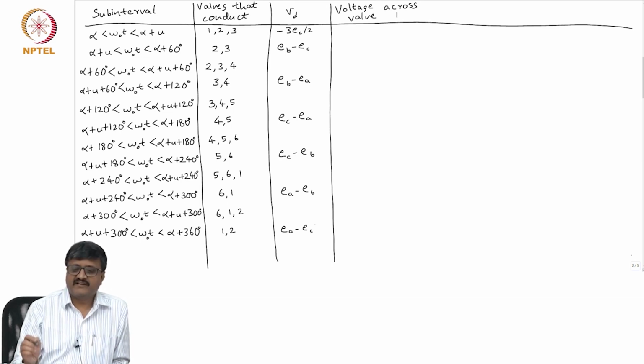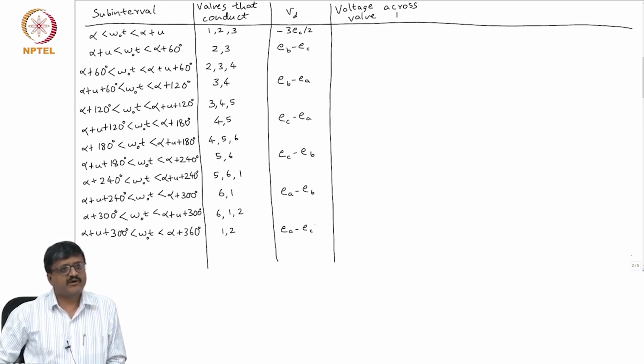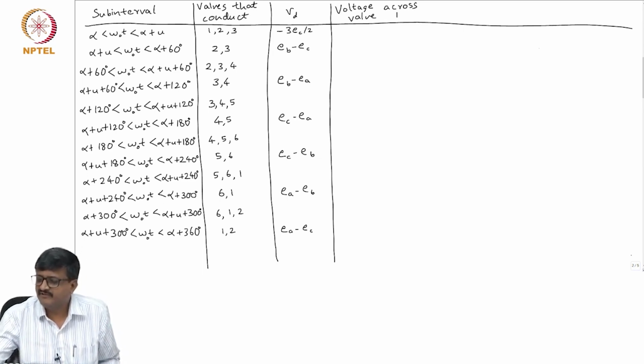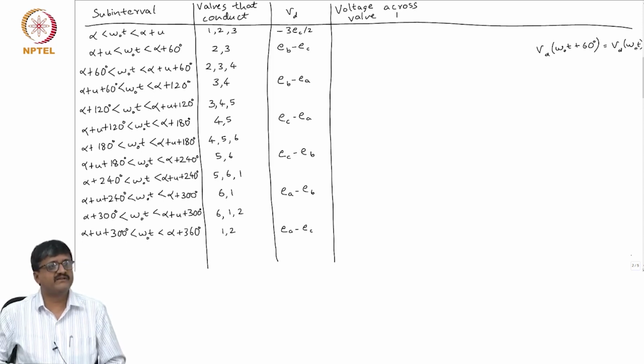Yeah, if you look at the DC side voltage, the DC side voltage repeats after every 60 degrees. So, the point is, if I take VD at instant omega OT plus 60 degrees, it is equal to VD of omega OT.